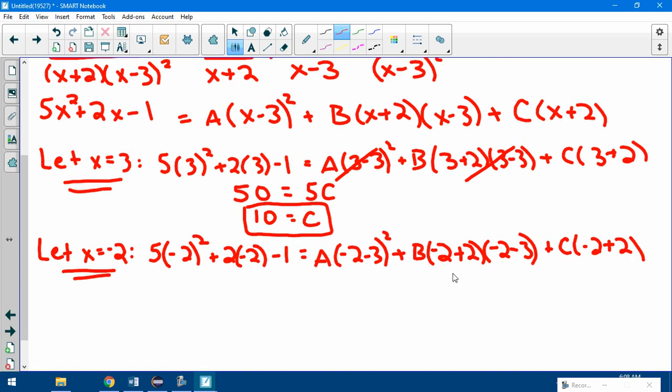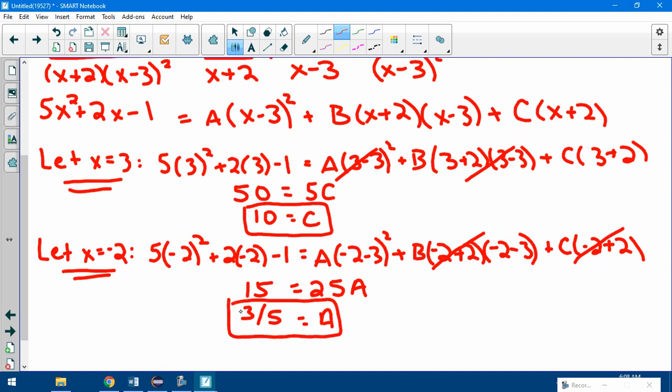So what's that give us? 4 times 5 is 20, minus 4 is 16, minus 1 is 15. Now this will be negative 5 squared, so that's 25a. Negative 2 plus 2, that term's gone, and that term's gone. So when you divide 15 over 25, it's the same as 3 over 5. So it's okay if these constants come out as fractions. Won't really change things much.